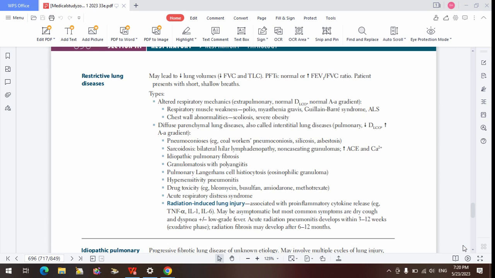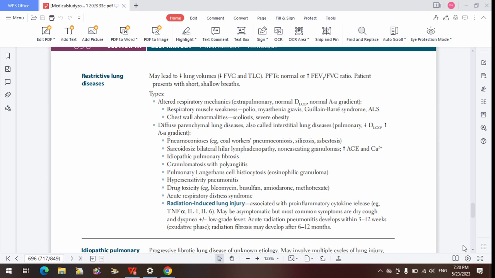After some time, after about 6 to 12 months, your chronic inflammatory cells come in, the macrophages, the fibroblasts. They start depositing transforming growth factor beta, as well as your type 2 pneumocytes. They start trying to repair. So there's deposition of collagen, which brings about fibrosis of the lung.